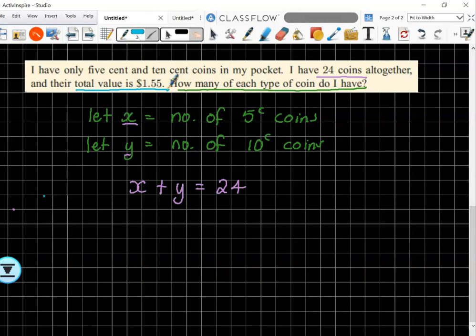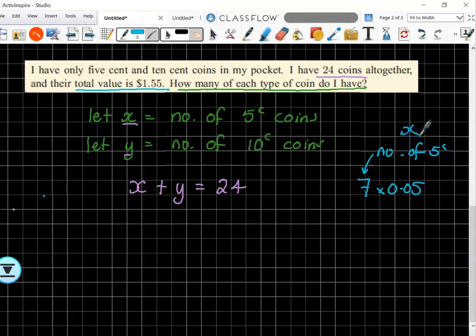Yeah. So if X was 7, if I had 7 5 cent coins, wouldn't that be 7 times 0.05? Yeah. And that would be 35 cents? Yeah. And so that is my number of 5 cent coins. In other words, that's my X.